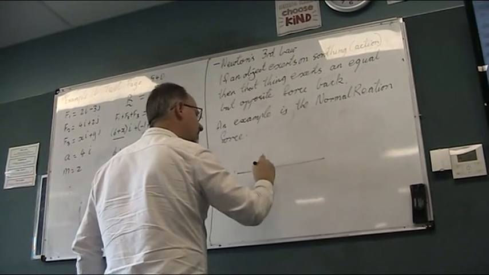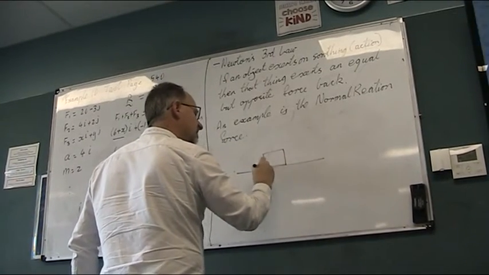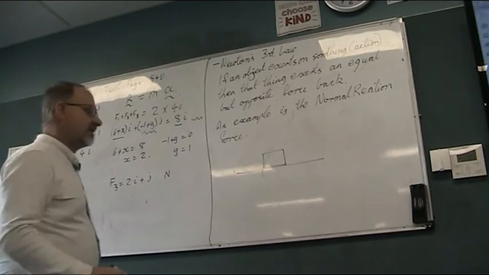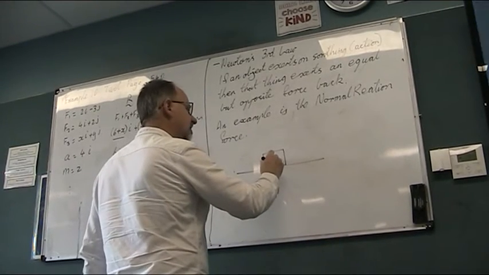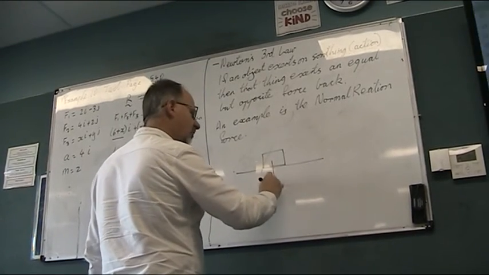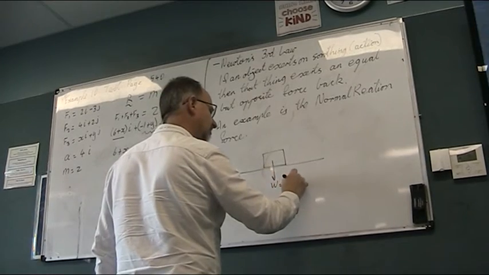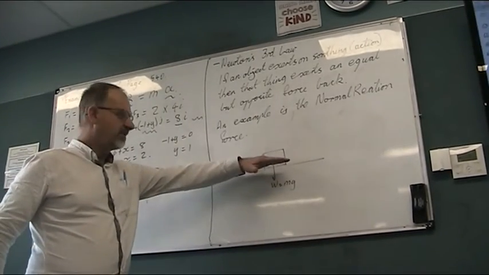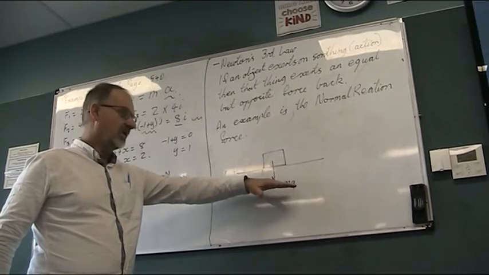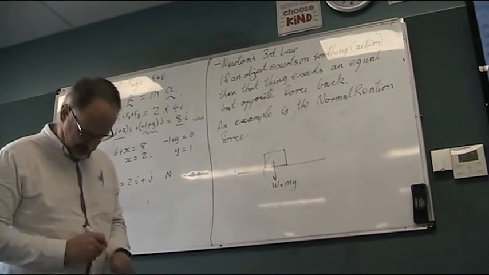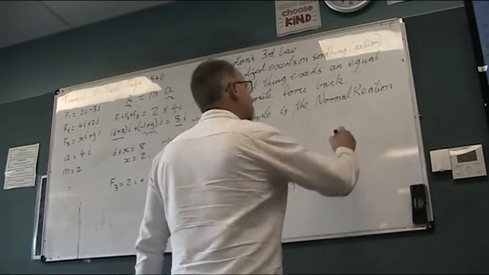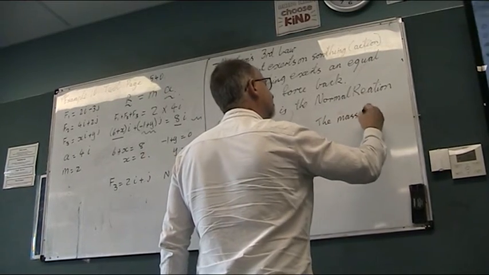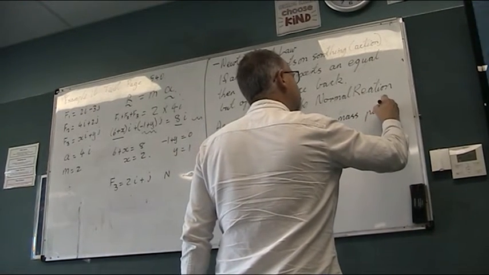So if we have a box, for example, sitting on a table or something, then that box has a weight. And so because it's sitting on the table, that box is pressing on the table. All right, so the mass pushes on the table.